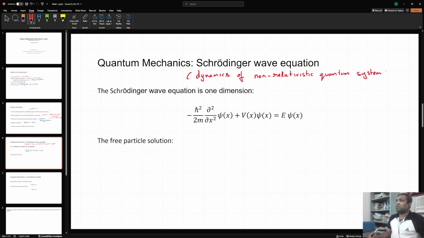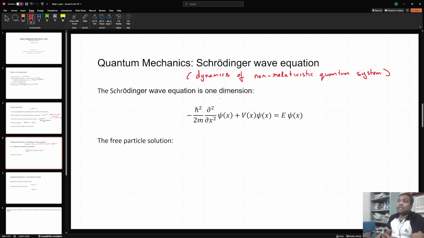Since we are saying non-relativistic, it means that the average velocities or speed of the electrons are going to be very small. And in that limit, the Schrödinger wave equation is one of the tools that we have to understand the dynamics of such a quantum system.